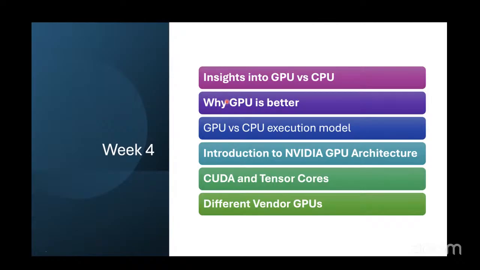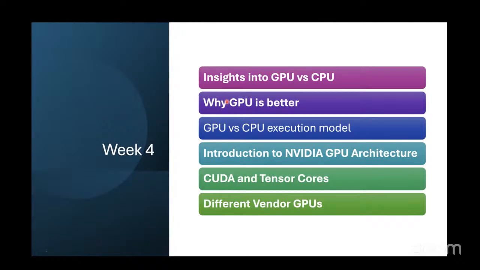We will also cover how the GPU pipeline works and how parallel computing works, and slowly we will move to NVIDIA. Everybody knows that NVIDIA is the market leader in AI, especially in GPU technology, so we will go deeper into the GPU architecture.